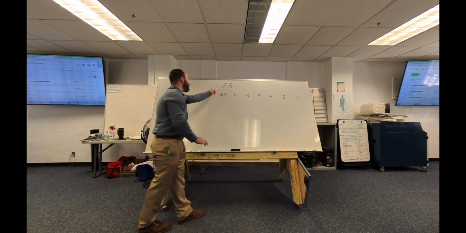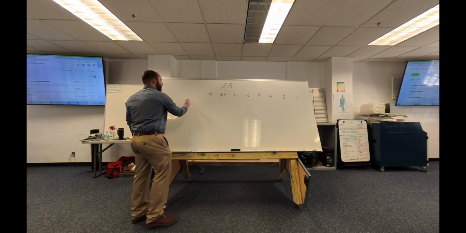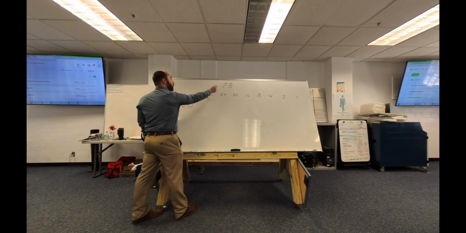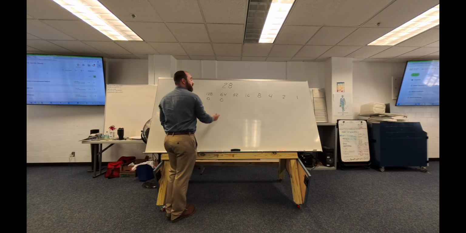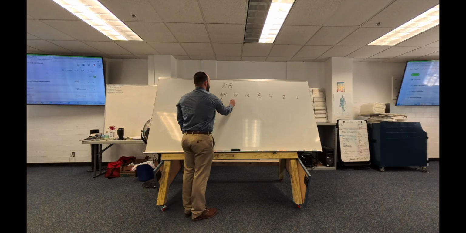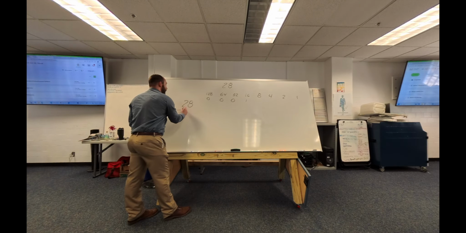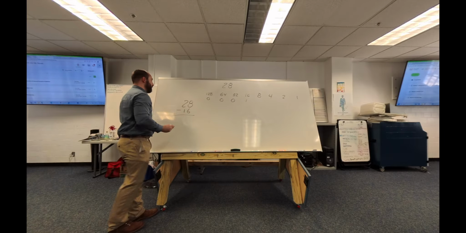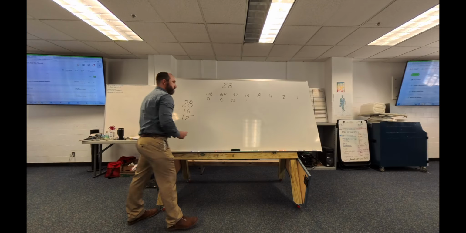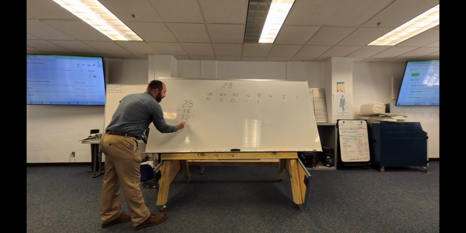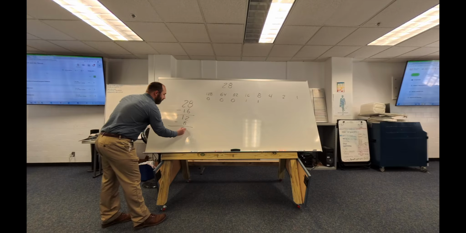So 28. Does 128 go into 28? No, so that'll be off. Does 64 go into 28? So that's off. 32. Does 16? Yes. Okay, so we'll turn that on. 28 minus 16 now gives us 12. Does 8 go into 12? Yes. 12 minus 8 gives us 4.